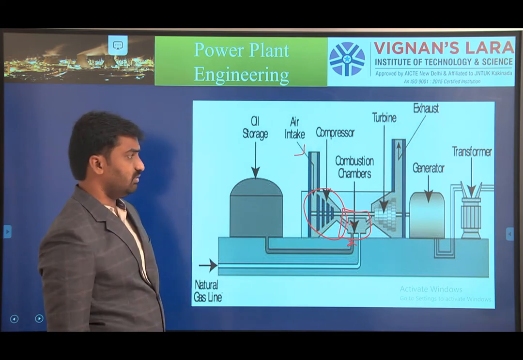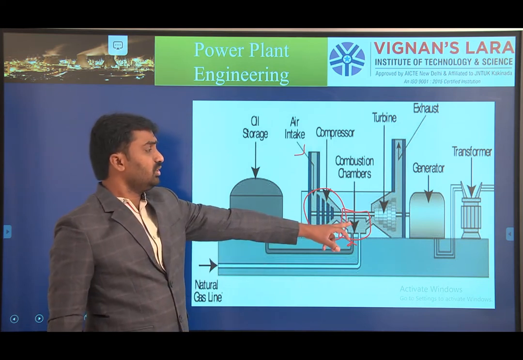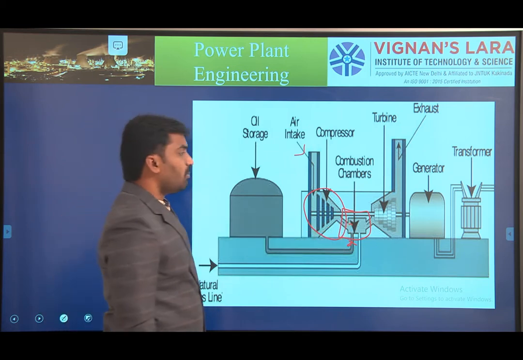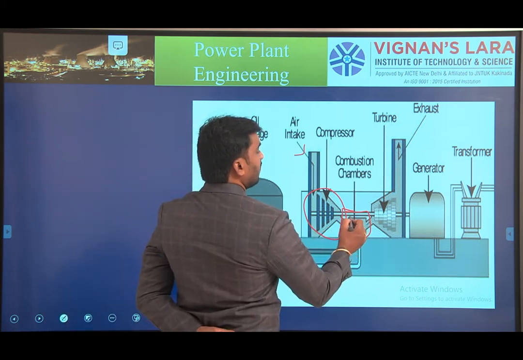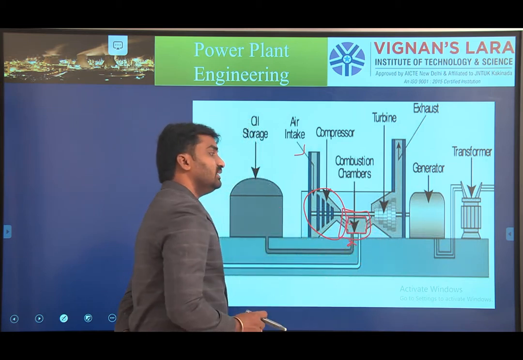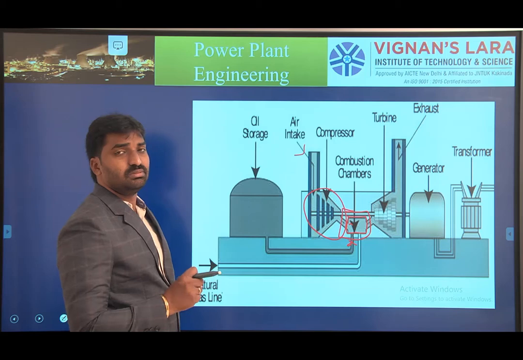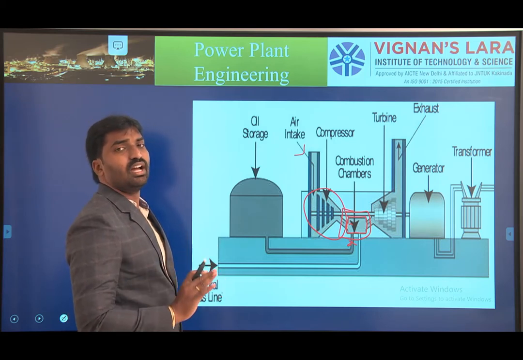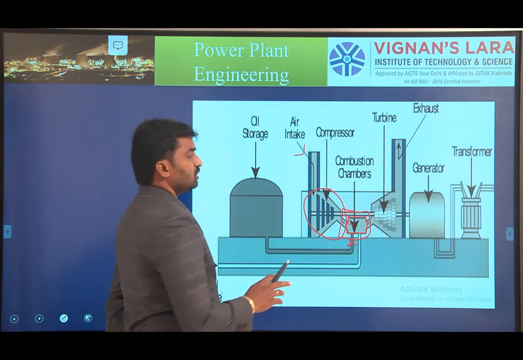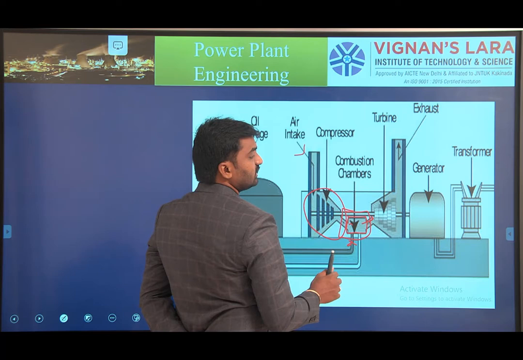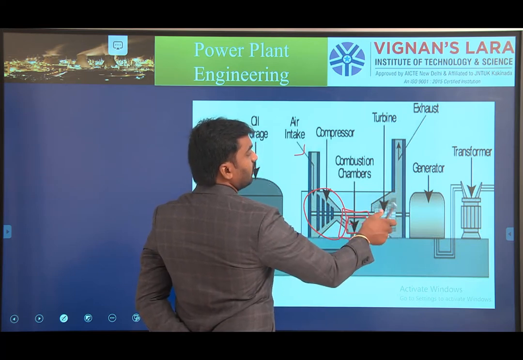So what happens here? Here the combustion process takes place. When the combustion takes place, a large amount of heat energy is released. So the heat energy is generated, and it produces high pressure and highest temperature air. So that has kinetic energy. That highest kinetic energy of the gases moves towards the turbine part.